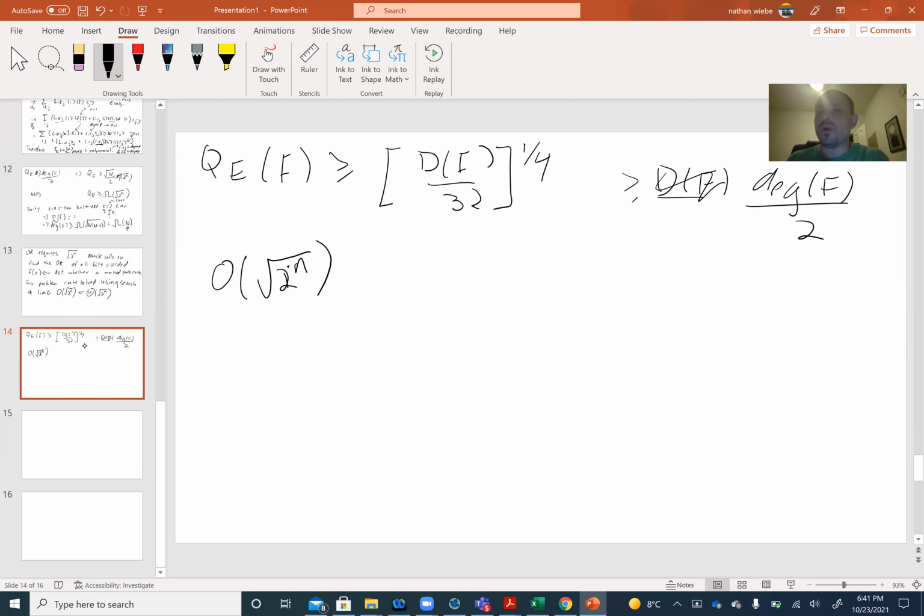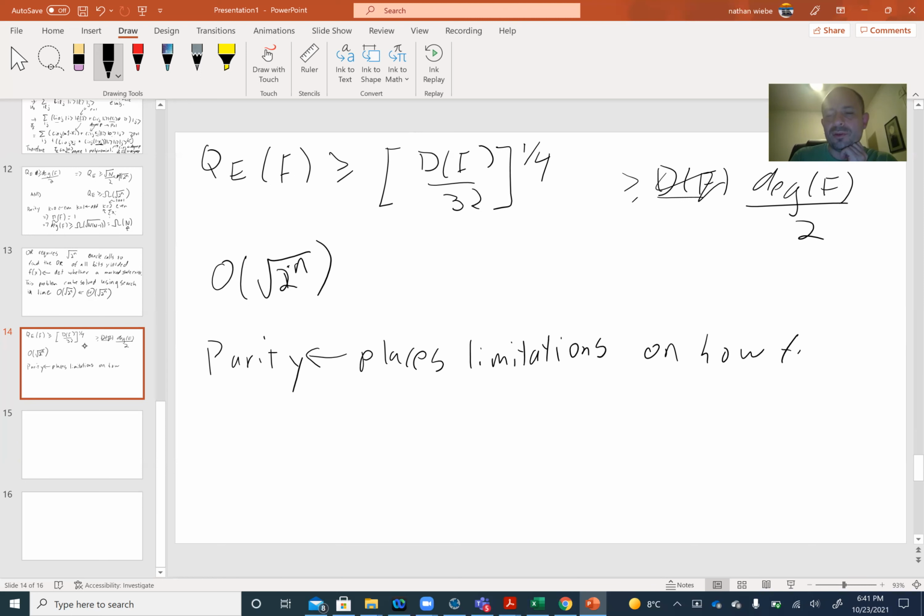But one of the other very important things that we get is a parity lower bound. We'll see that this parity lower bound is very important because it places limitations on how fast quantum computers can simulate quantum dynamics, through what's known as the no fast forwarding theorem.